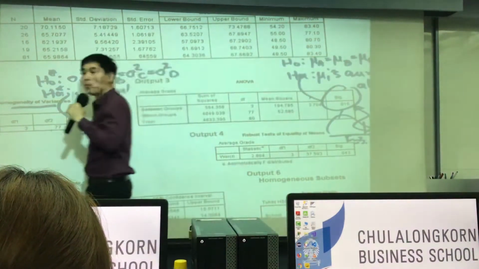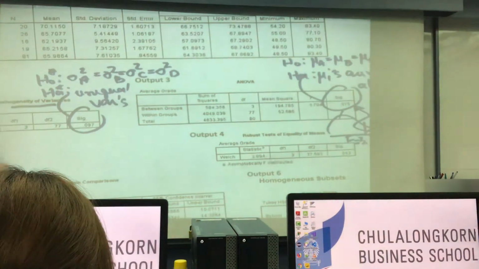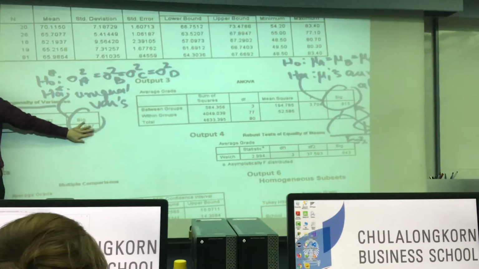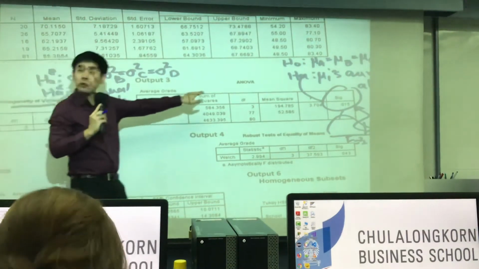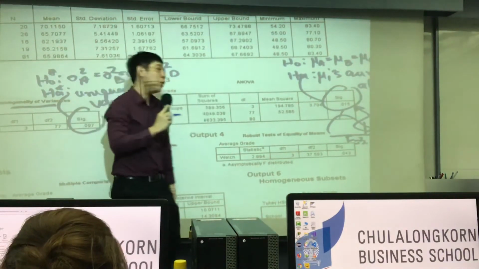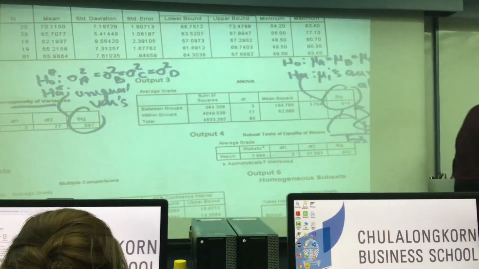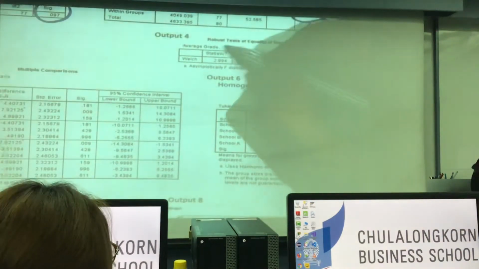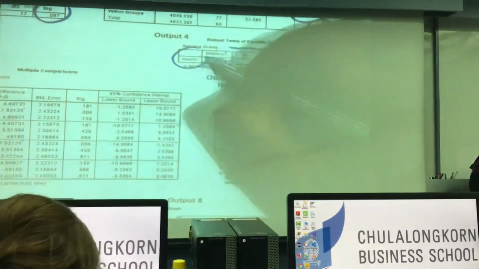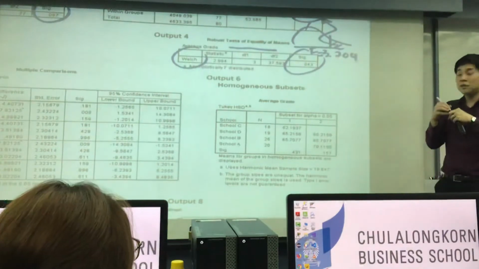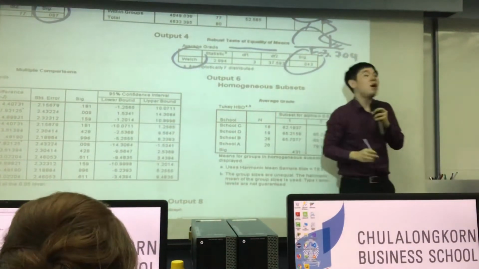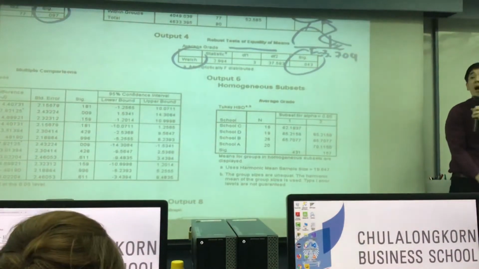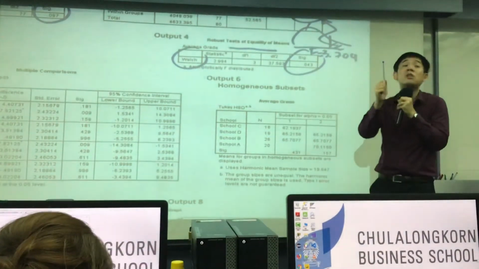If we cannot assume equal variance, what do we do? If equal variance cannot be assumed, meaning this one is small, you cannot use this output. What do you do? It turns out that we have this one. This one is called the Welch test. The Welch test is almost the same as ANOVA, but it doesn't require the second condition.